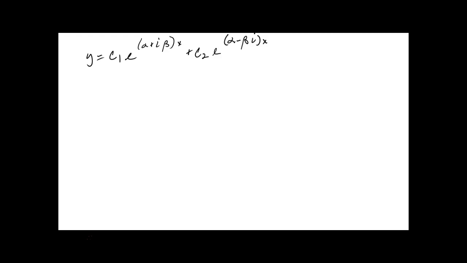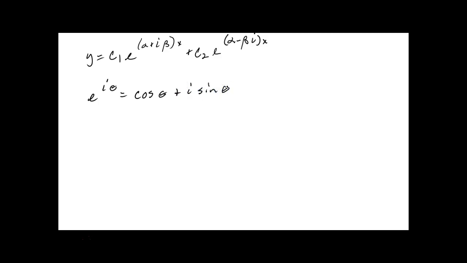Now, here's something that's interesting. I think I wrote this down last time. In practice, we prefer to work with real functions instead of complex exponents. To this end, we use Euler's formula. E to the I theta is equal to cosine theta plus I sine theta.